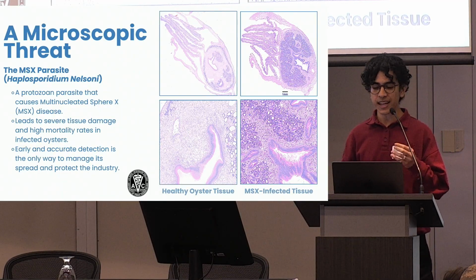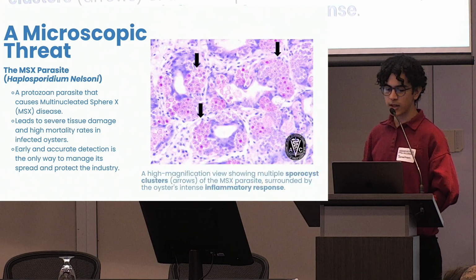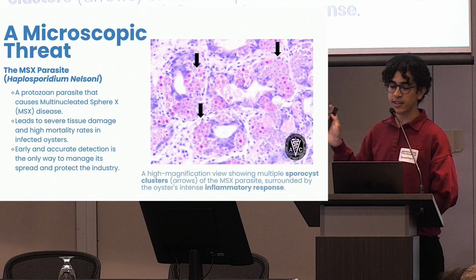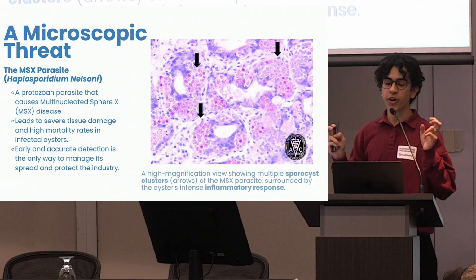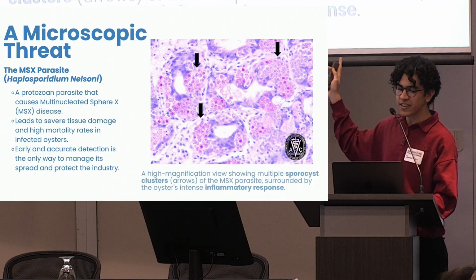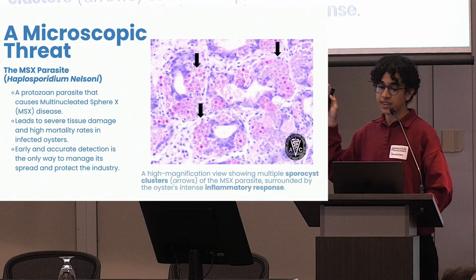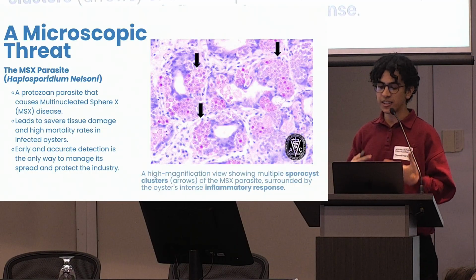But now let's take a closer look to see exactly what's going on in more detail. At this magnification, we can see the direct impacts. The arrows there point to the parasites in their spore-releasing stage. But do you see all those small, dark purple dots surrounding that area? Well, that's the oyster's immune system trying to swarm the parasite to destroy it.